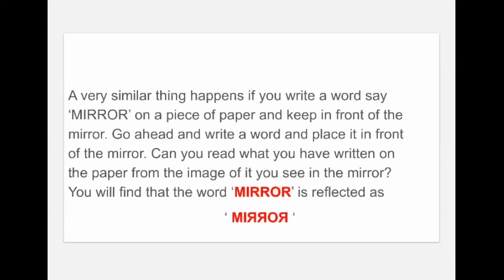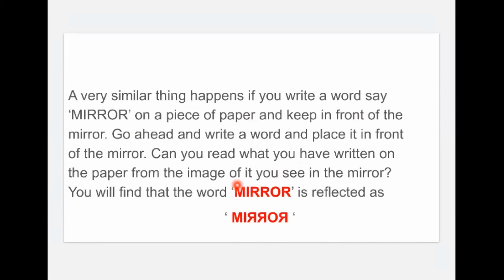Now suppose we take an example of the word mirror. A very similar thing happens when you write the word mirror on a piece of paper and keep it in front of a mirror. So how will the image be seen? See, this is how the image will be seen.